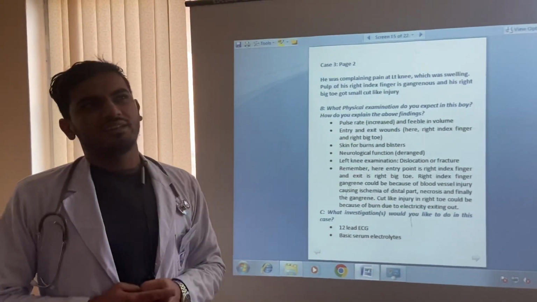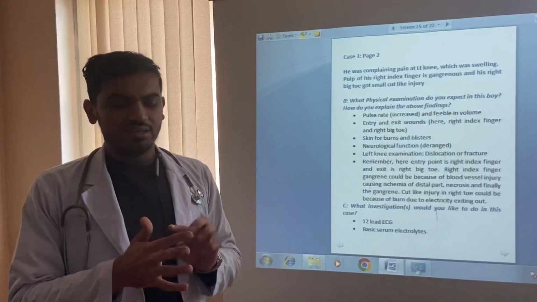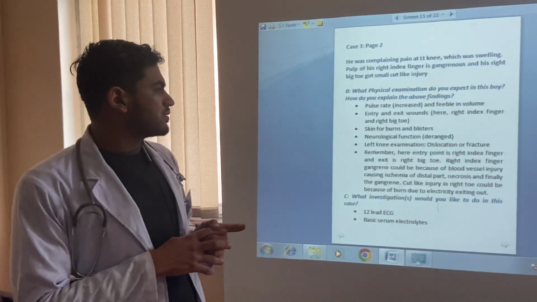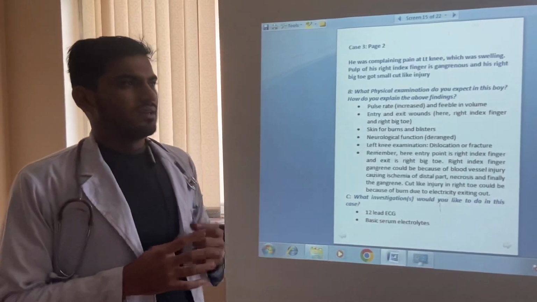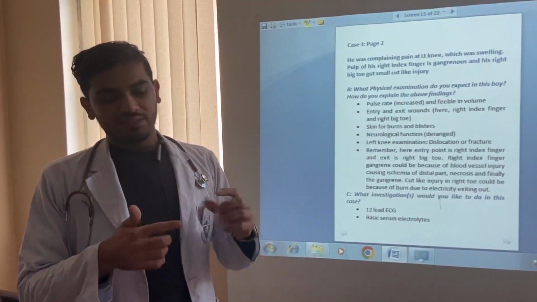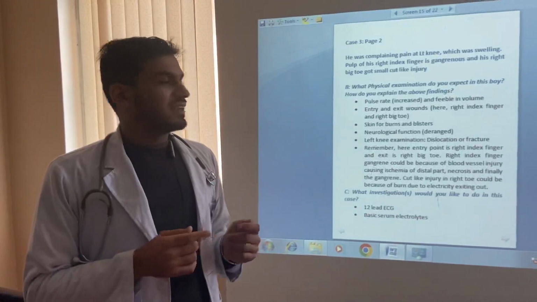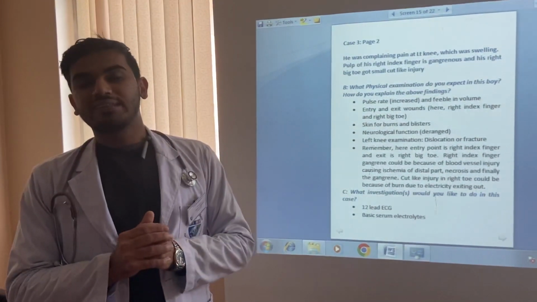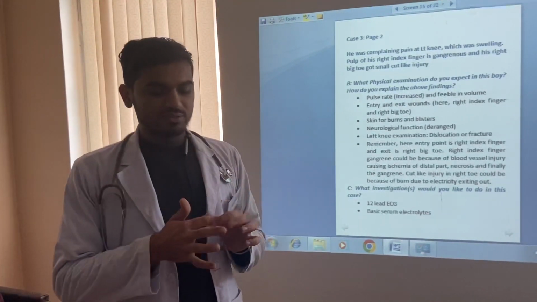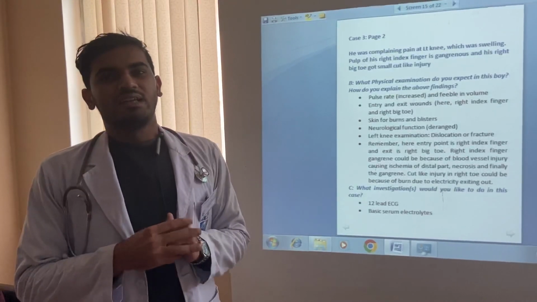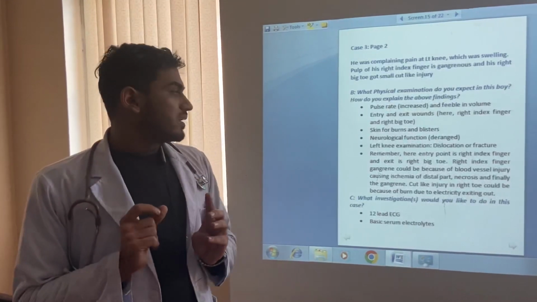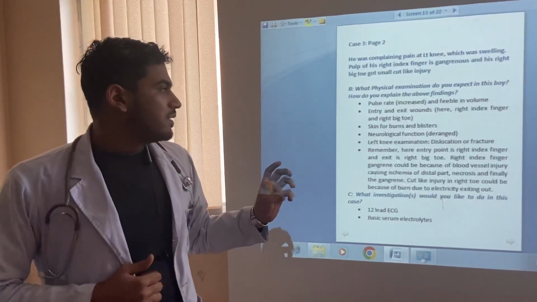So we can suspect that at the right index finger there is the gangrenous finding, and in the right big toe there is a cut injury, so it can be that the right index finger is the entry point of the electrical current, and the right big toe can be the exit point of the electrical current, because here there is gangrenous formation, and at the exit there is less heat production, which can cause the cut injury at the right toe.